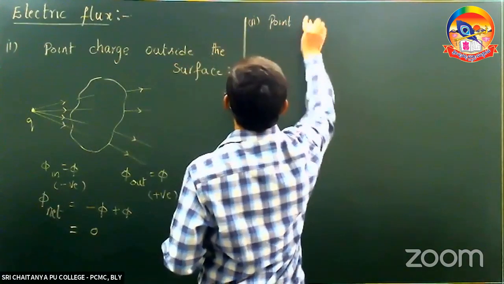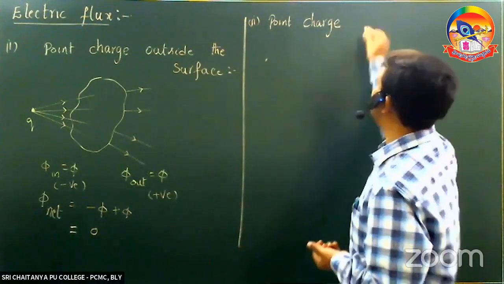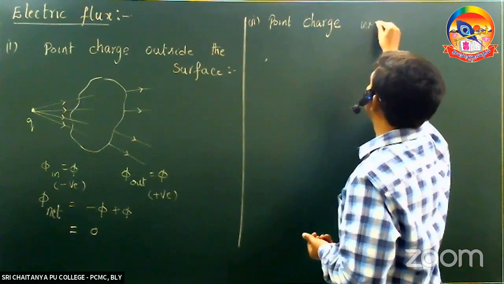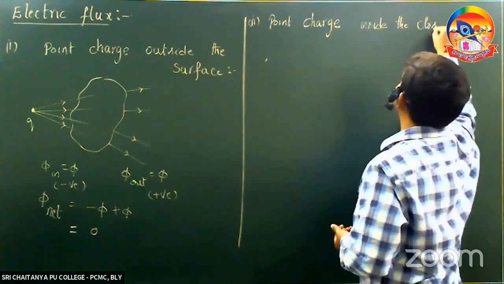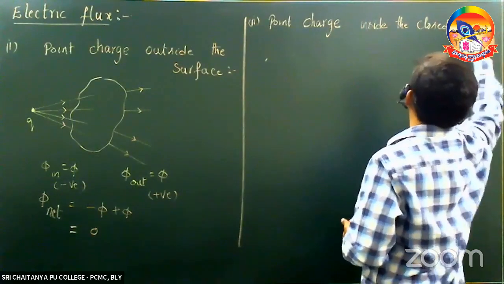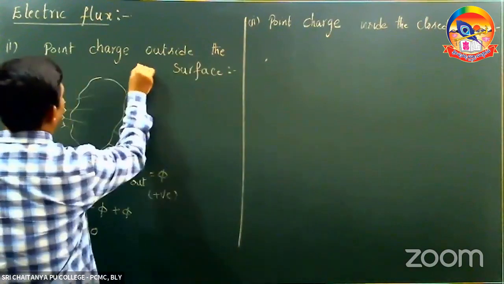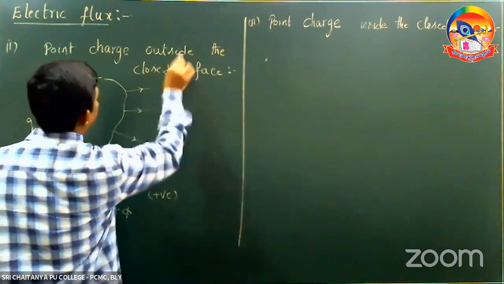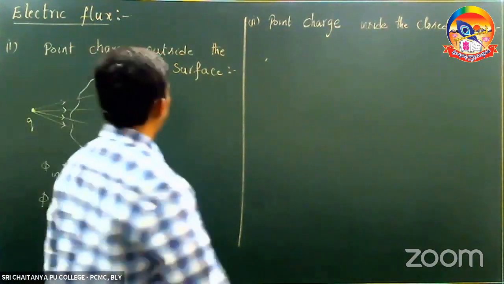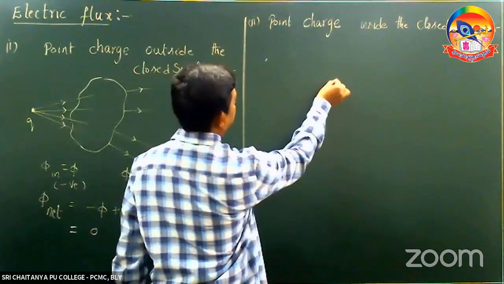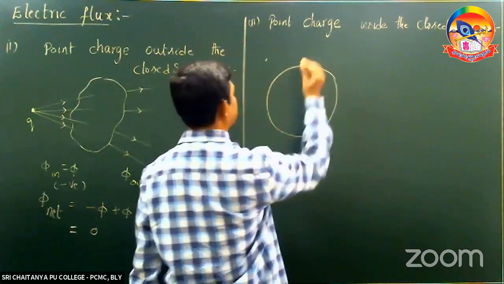When the point charge is inside the closed surface, here is also point charge outside the closed surface. Just I'm reminding you, this is a closed surface like a hollow sphere.